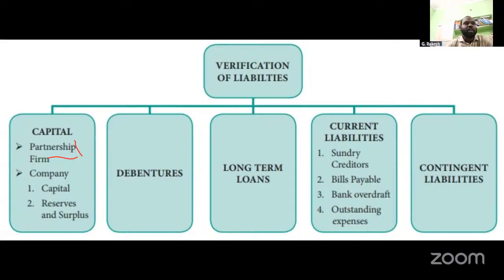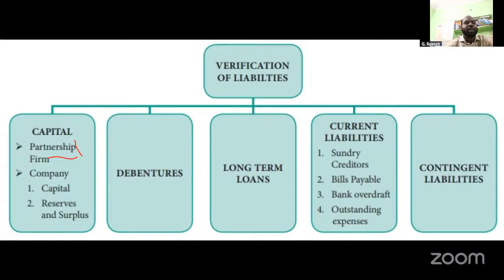He has to verify first the partnership deed. The auditor should verify the partnership deed to find out the original capital contributed by each partner and the rate of interest payable on that invested capital.